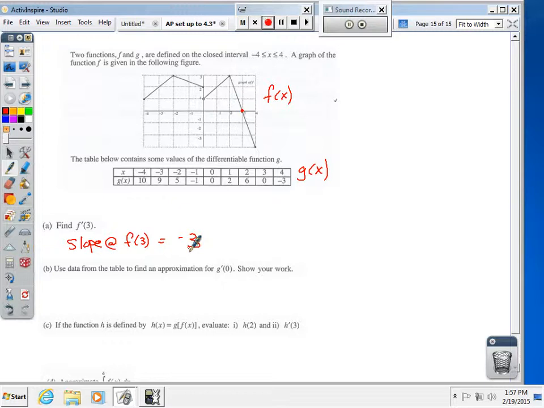Okay, so to find the slope at g prime of 3, to use the approximation, we're going to use the ordered pairs just to the left and right of 0, those values, which are the ordered pairs -1, -1, and 1, 2, and find their slope. And I'm just going to do y2 minus y1 over x2 minus x1.